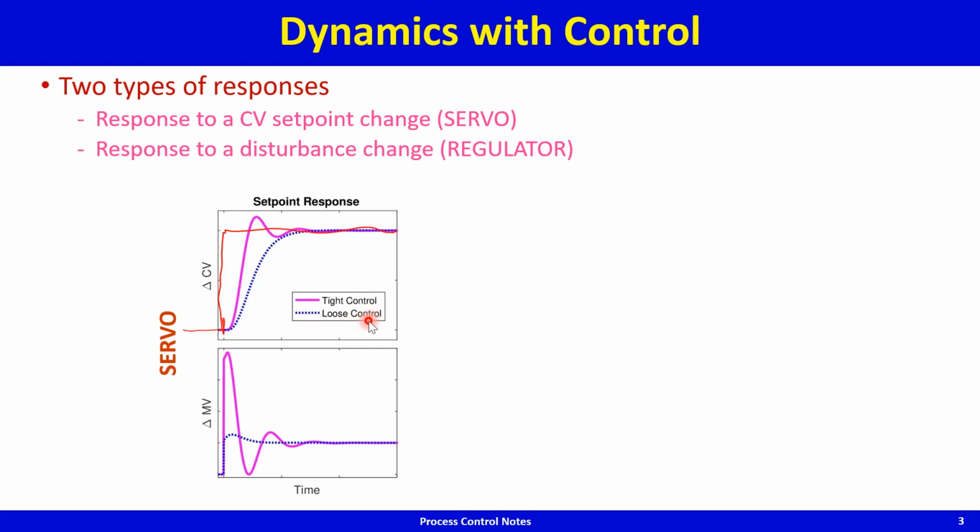When you're controlling the controlled variable tightly, one possible response is like this: slight oscillations, and the process ends up at set point.